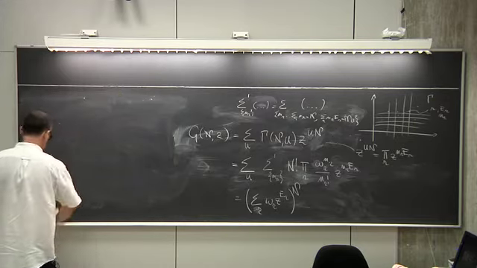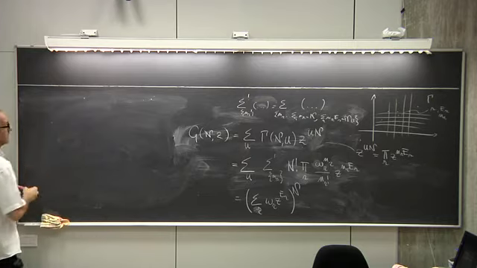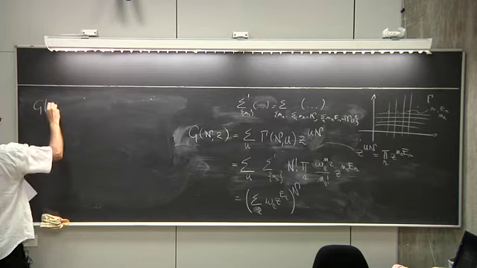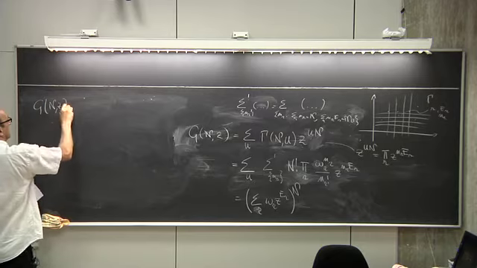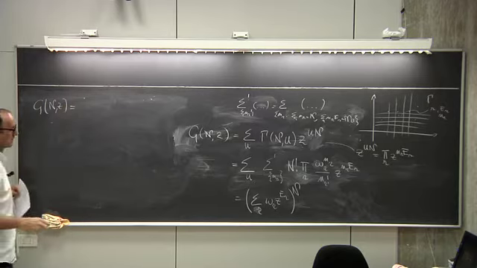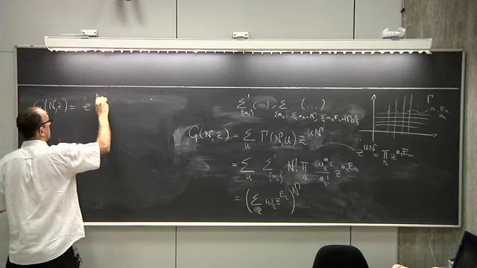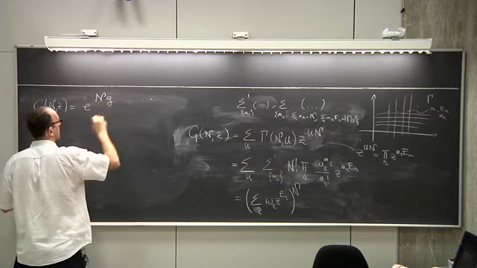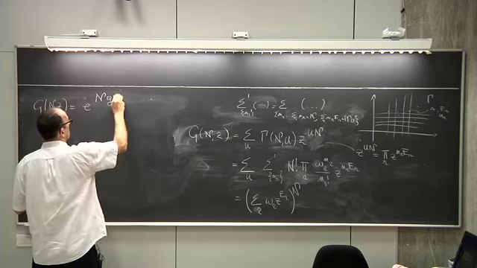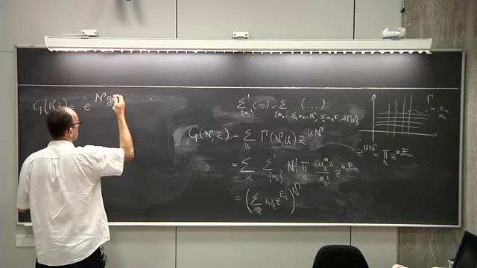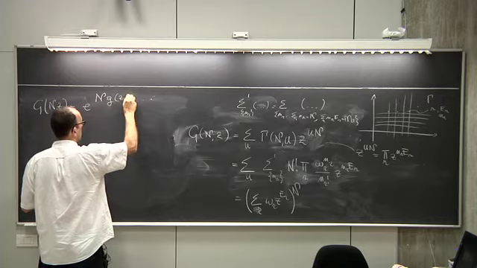What we have found is that this g of n and z has the form of e to the n times a function g, which depends on z, but it also depends on the omegas.